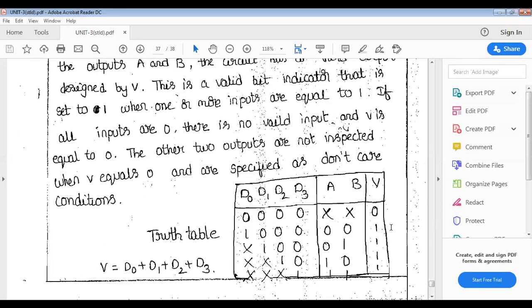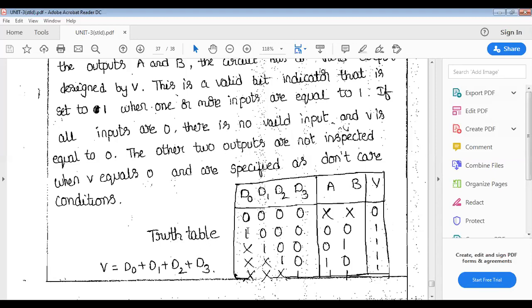It is set to 1 when one or more inputs are equal to 1. If all the inputs are zeros, there is no valid input. So see here, D3, D2, D1, D0 are all zeros, and the V value is 0 here.